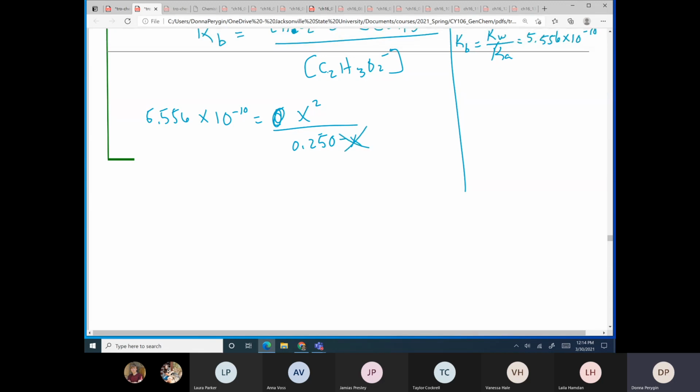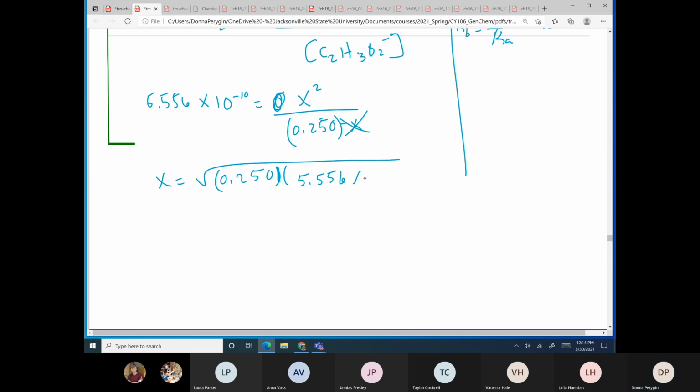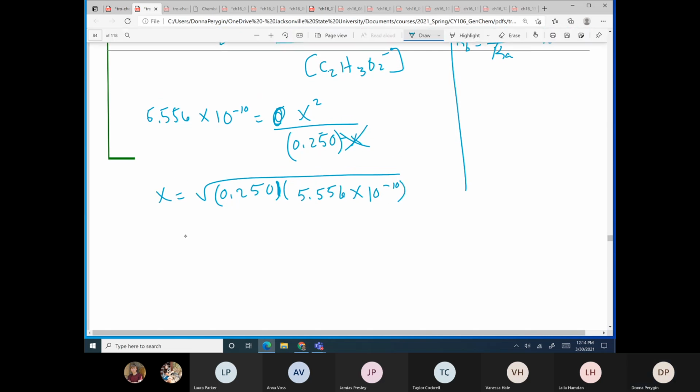So I'm going to assume that x is small, and I'm going to multiply both sides by 0.250 and take the square root. So I can say x is equal to the square root, we've done this 1,000 times, of 0.250 times 5.556 times 10 to the minus 10, which is equal to 1.7179 times 10 to the minus 5th, okay?